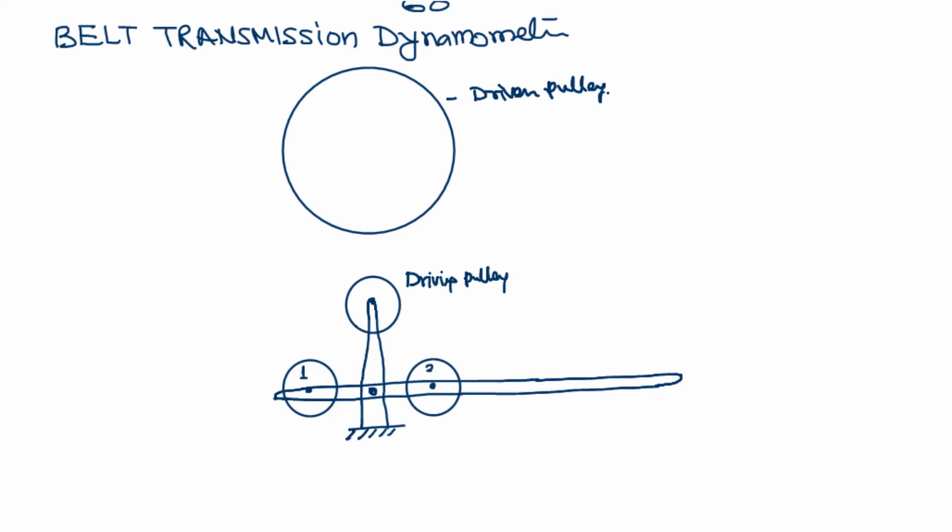Now this is the belt. It means power is transmitted through this belt. This is vertical.